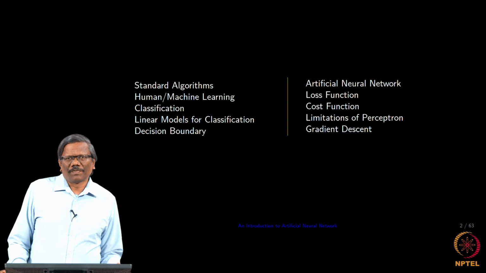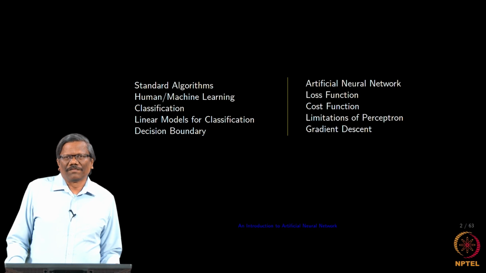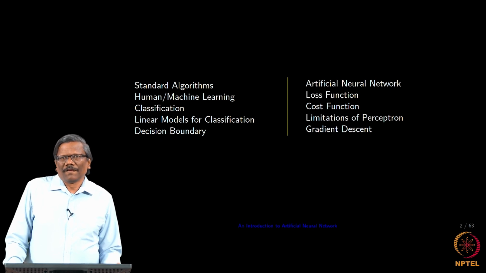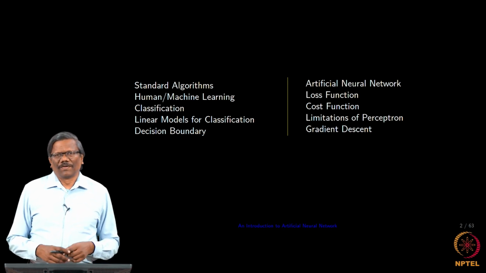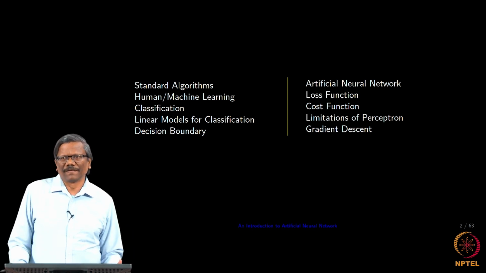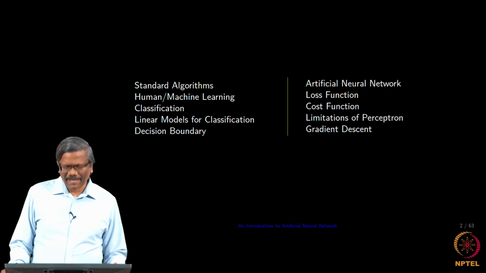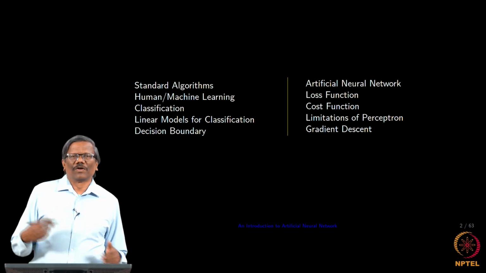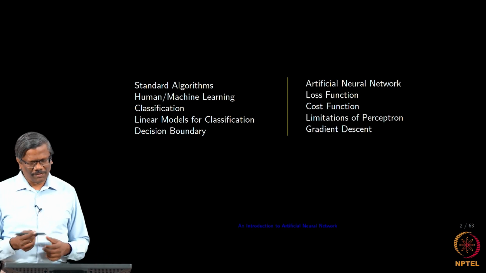We will talk about the perceptron, which is not listed here, the basic element of the neural network, that is how it all started, and then we will define what is meant by learning in a perceptron, and then we will define loss function, cost function, what are the limitations of the perceptron, and then how do we iterate to really get into the solution by descending down the slope using gradient descent. And then later we talk about feed forward network and some applications related to feed forward network, right.